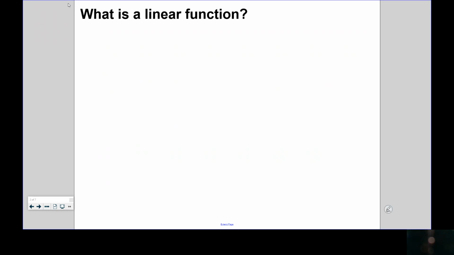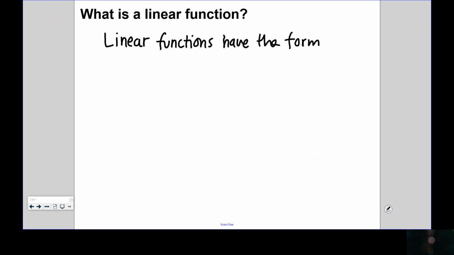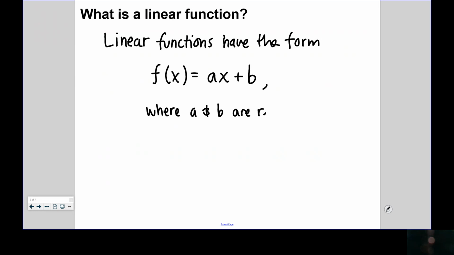So linear functions have the form f of x equals ax plus b, where a and b are real numbers. So a and b are just numbers, x is our variable. And also just a reminder, we know that f of x is just a fancy name for y.